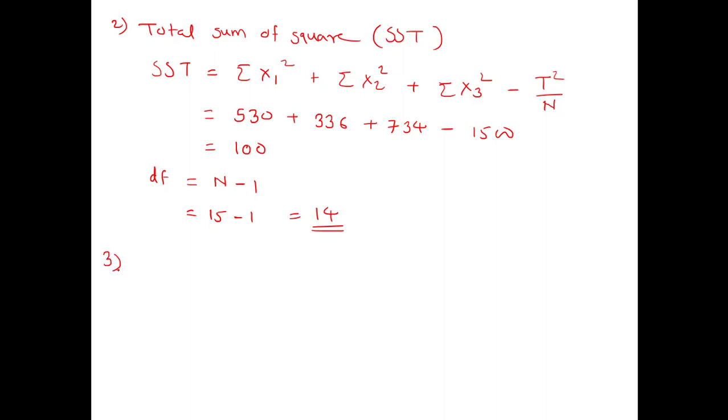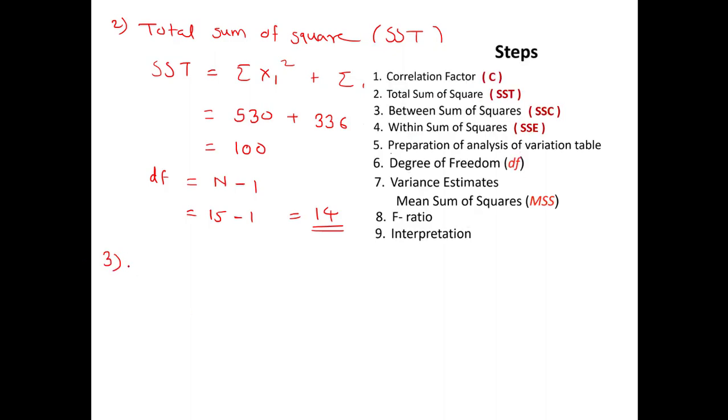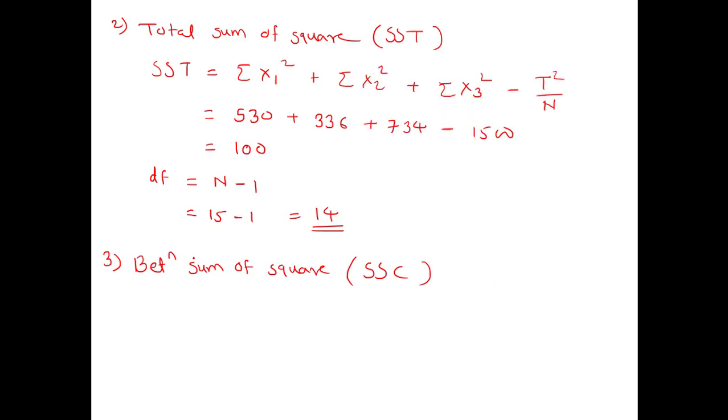Next step, between sum of square. This is also called column sum of square, so that's why SSC, C is for column. So between sum of square means now we are comparing the group of samples between the samples.